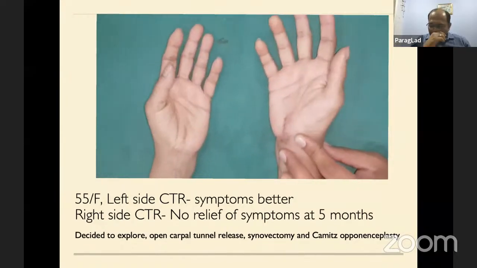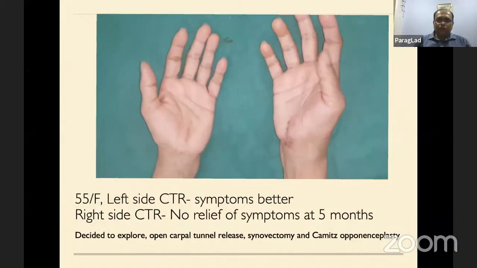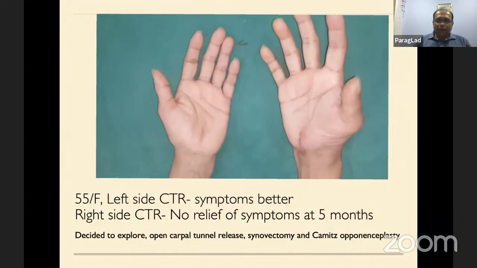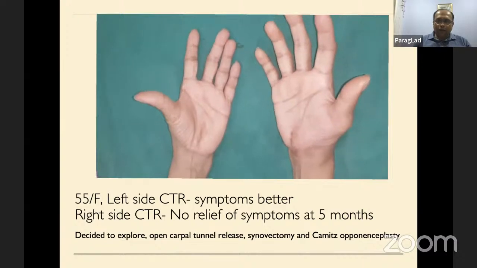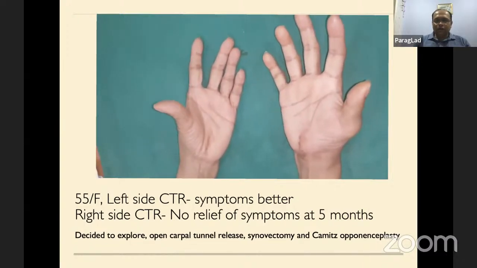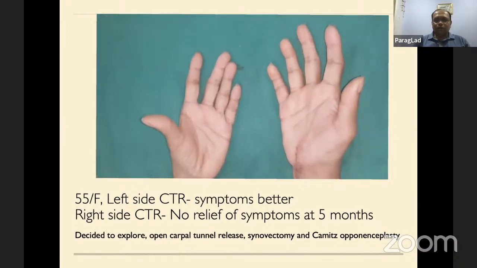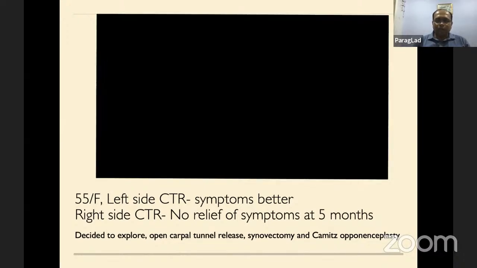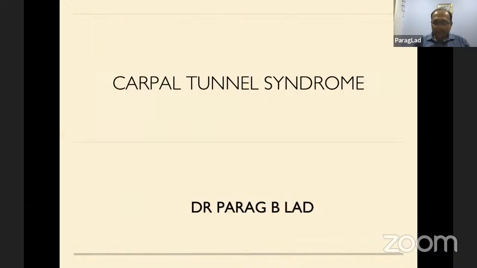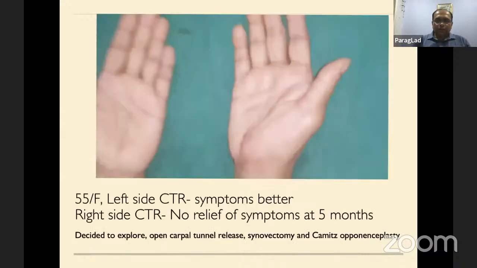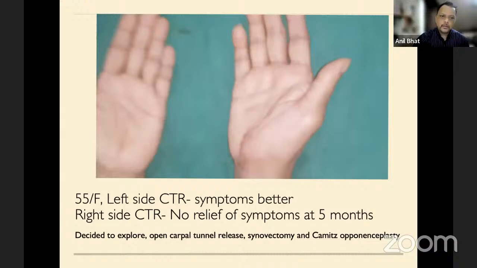I would like to request an opinion from Dr. Anil Bhat: at 5 months, would you repeat EMG, consider sonography, or straight away offer exploration and consideration of resurgery? I would like to know what happened to the patient in terms of the surgery on that side.